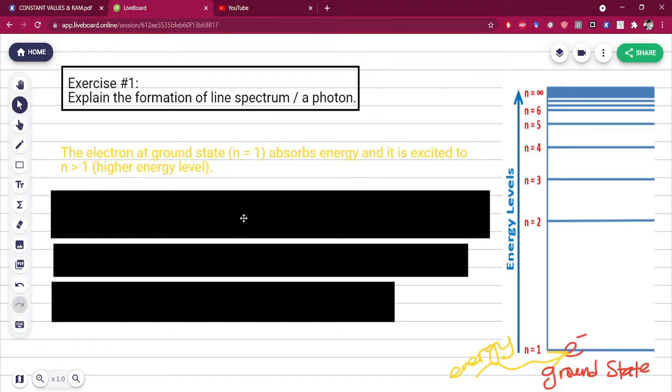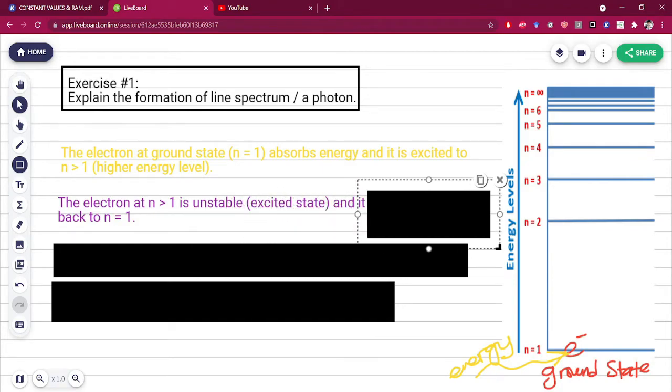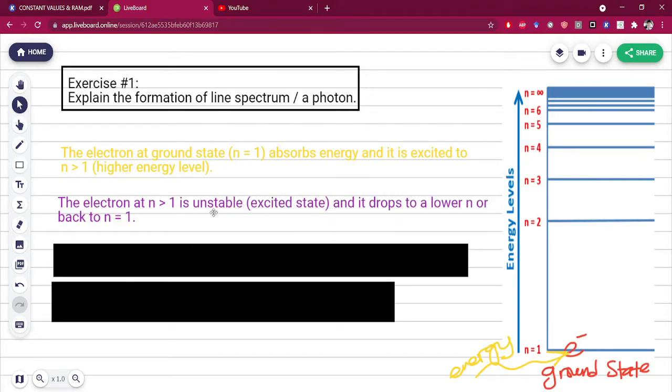And then second, what happened? The electron at n bigger than 1, or at the excited state, will be unstable, and it will drop to a lower energy level, or even back to the ground state. So if this electron goes up to n equals 5, for example, it will be at the excited state. It will not be stable, and therefore it will drop to a much lower energy level.